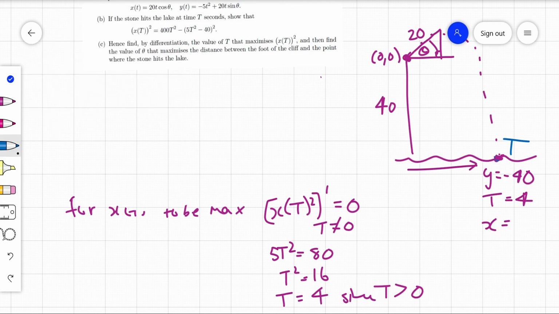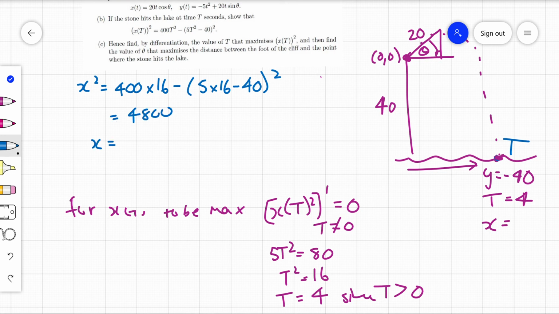All right, so x squared at this time when it falls is 400t squared, so t is 4, so that's going to be 16, minus 5t squared, so again 16, minus 40, all squared. So put that in the calculator, 4800.